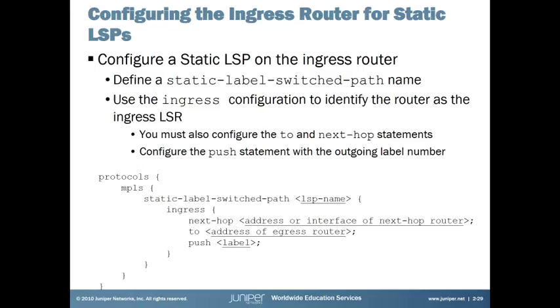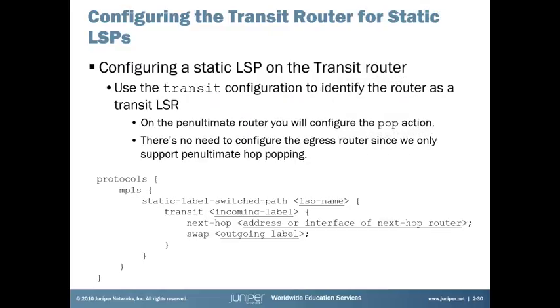Whatever value we put as our push on our ingress, that will be the value we put on our next router along as the incoming label value. Then the next hop address or interface of the next hop router, and then the outgoing label for the swap operation. So all the transit routers look like that.